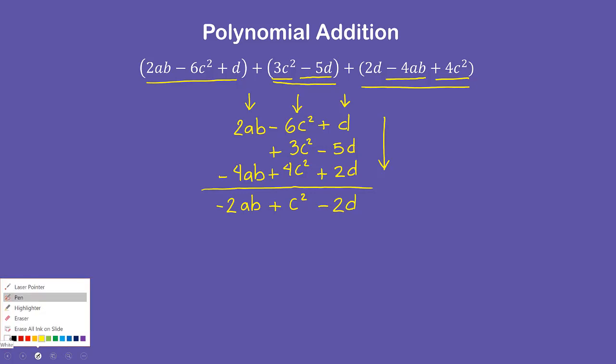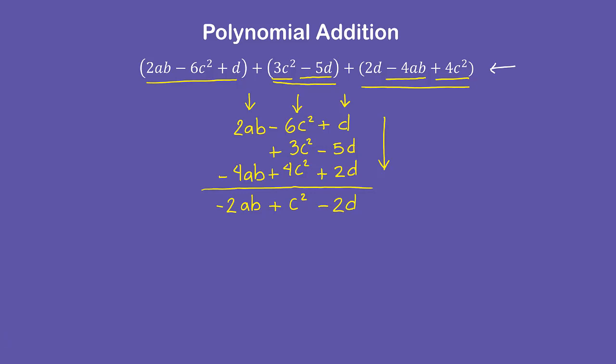But in this example, in the original polynomials, we don't have them in order from highest to lowest exponent. So to write our final answer properly, it should be from highest to lowest exponent. So let's arrange it. The highest exponent here is the squared, and it's the c squared. So I write that one first, c squared.